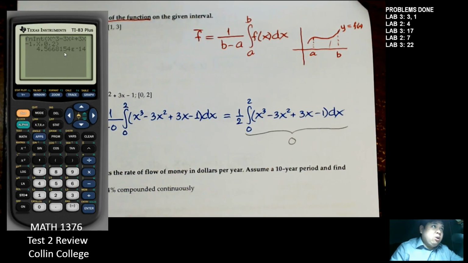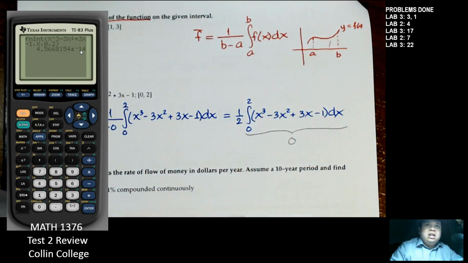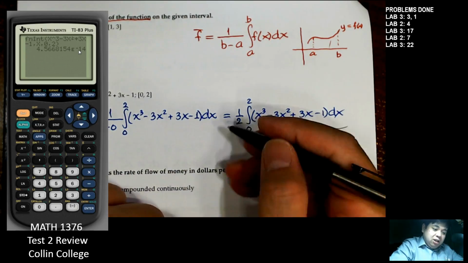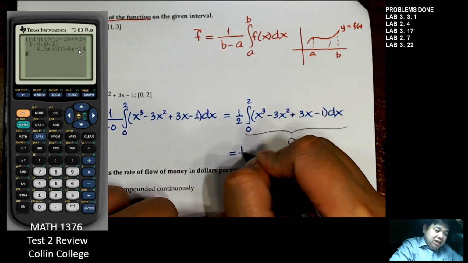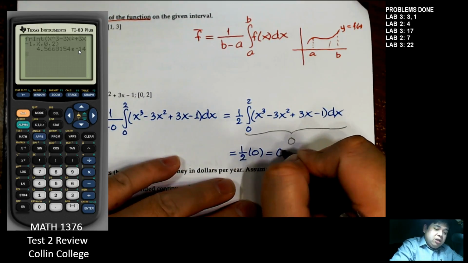The calculator makes what we call a machine error. If you see e to the negative something more than 10, that most likely is a machine error. So 1/2 times 0 equals 0.